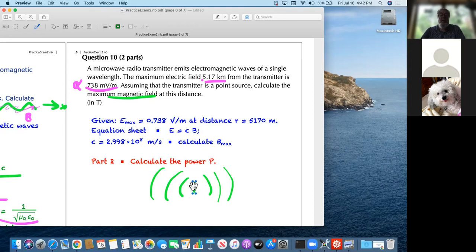So here's the antenna. And so we're considering a particular point here at a distance of 5,170 meters.